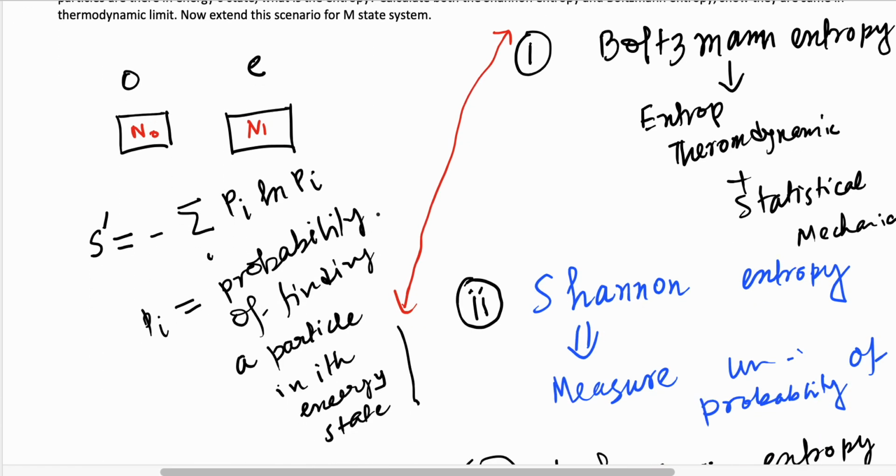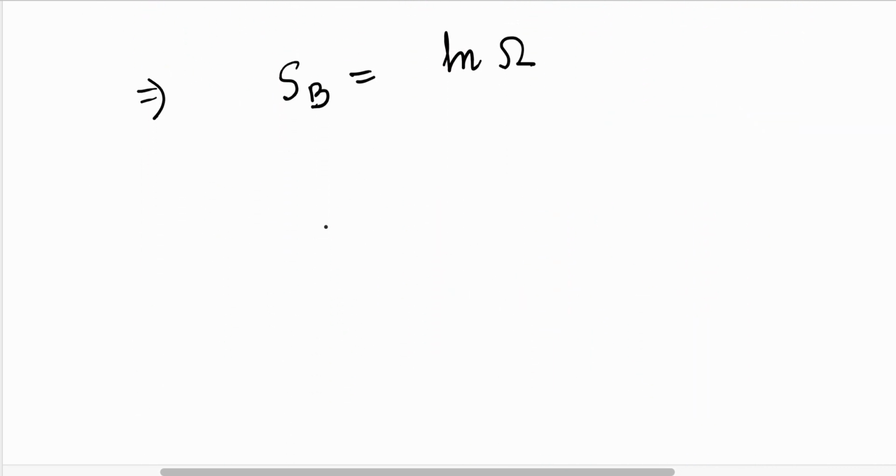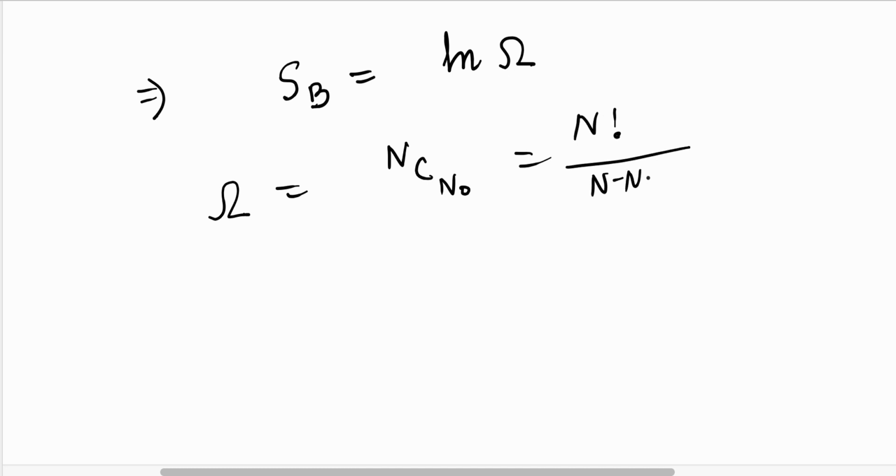How many ways can one put n0 particles out of a total of n particles in one of the states? It is very simple and straightforward. That will be nC n0, that is n factorial by n minus n0 factorial into n0 factorial.